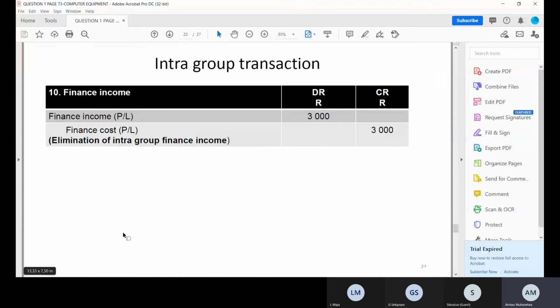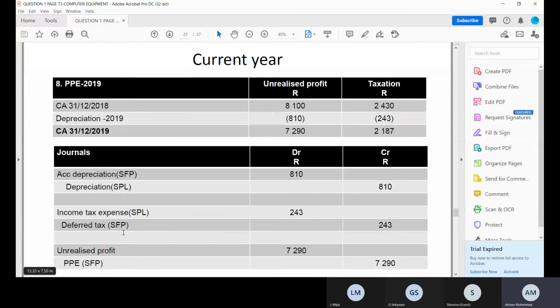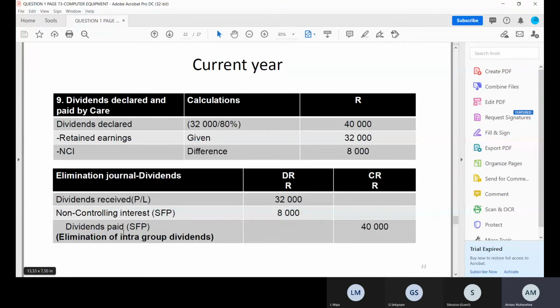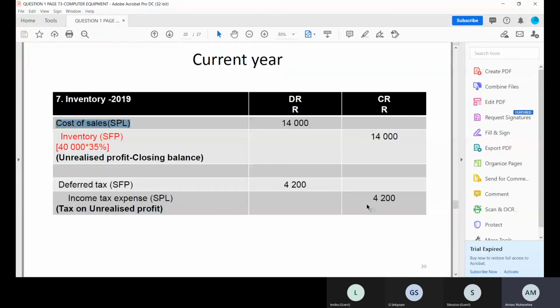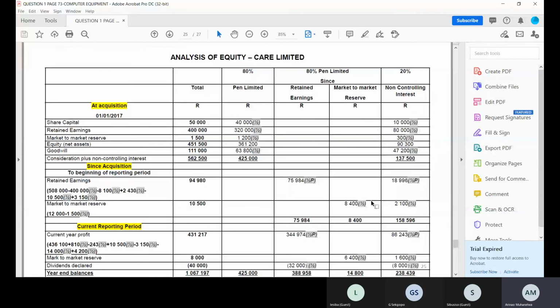if I go to my consolidated statement of profit and loss and other comprehensive income, under cost of sales we must see the addition, and add on income taxes less 4,200. So this is what I'm referring to. If I come here to cost of sales, 14,000, which I was talking about, we dealt with it there.